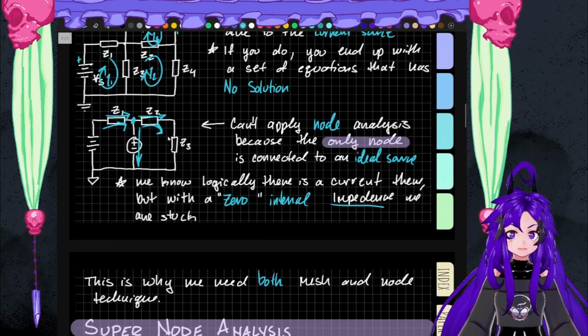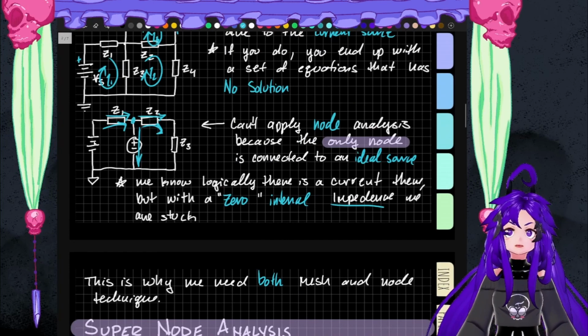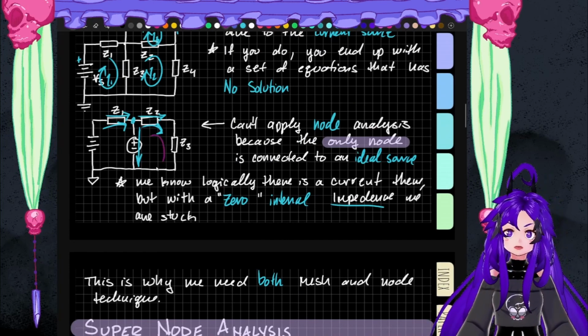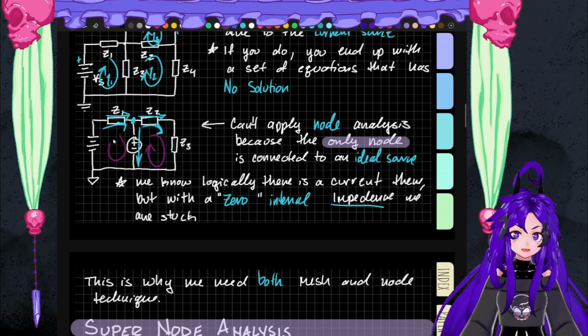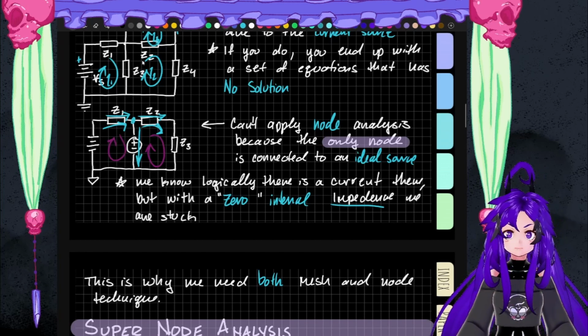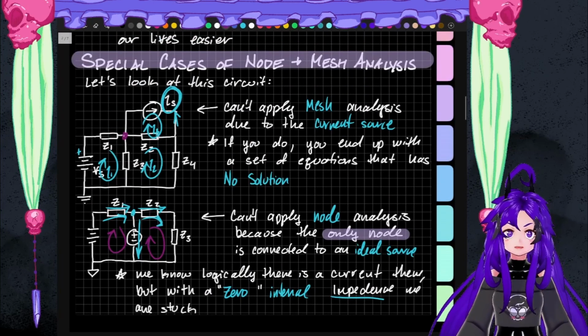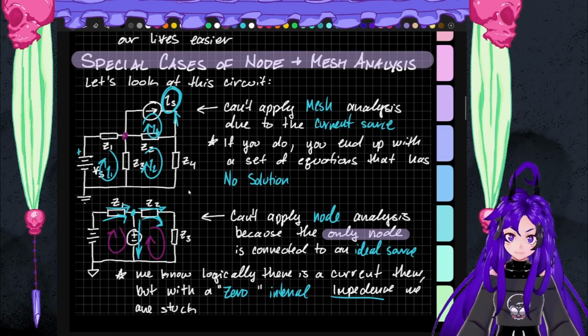Also, if one is inapplicable, we probably can apply the other one. If you were to apply mesh analysis, you'd probably succeed. If you were to apply node analysis here, you would succeed. But we have to understand the limitations of both tools.